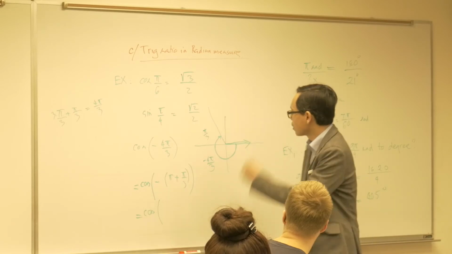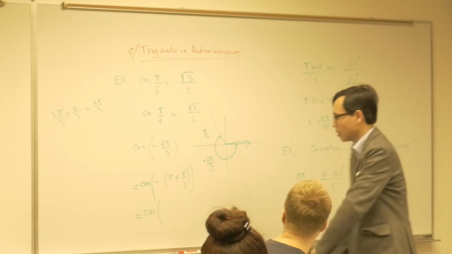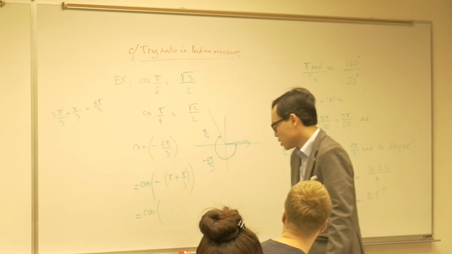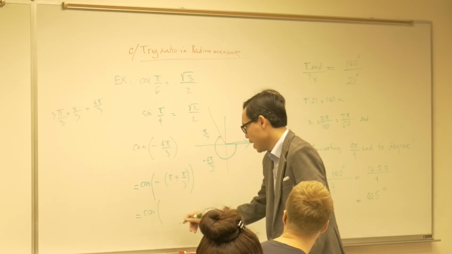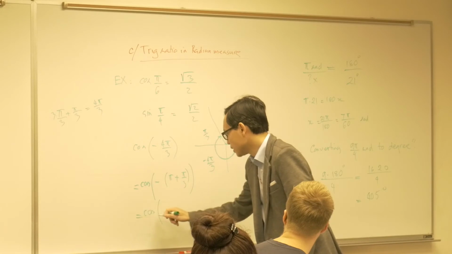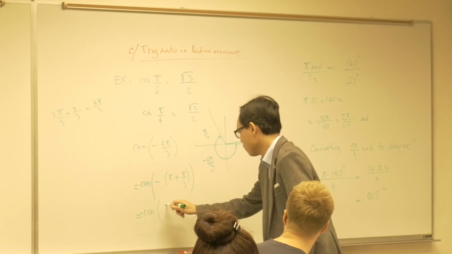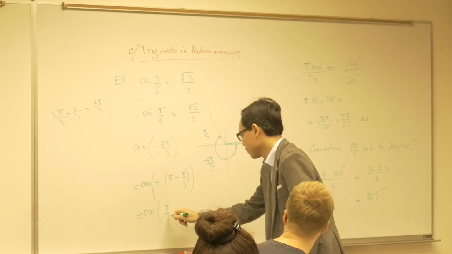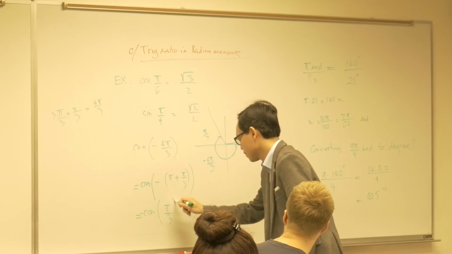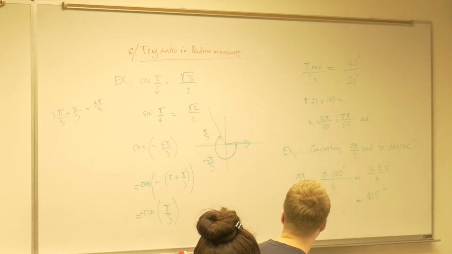It's a second quadrant, cosine negative. So I can write this as negative pi over 3. Let me see if this is correct or not.